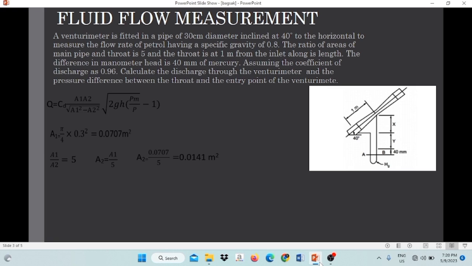Since we already have area sub 1 and area sub 2, we're going to find the discharge through the venturimeter.